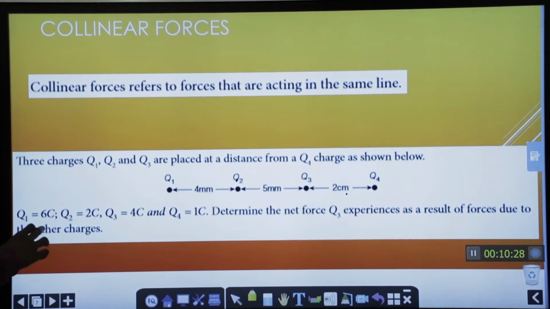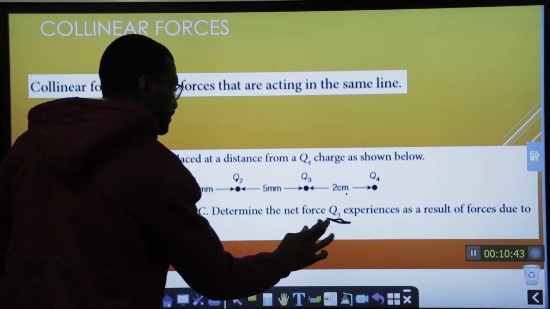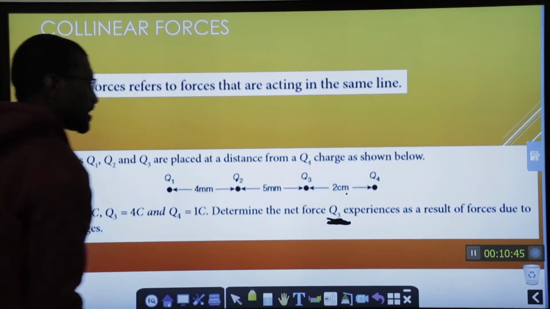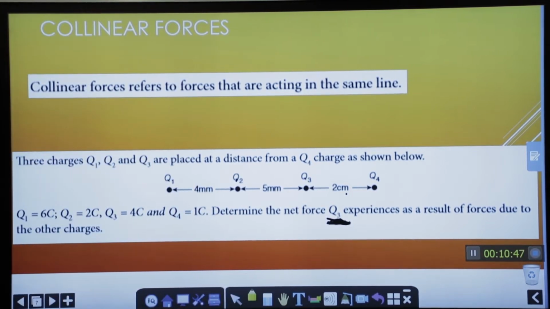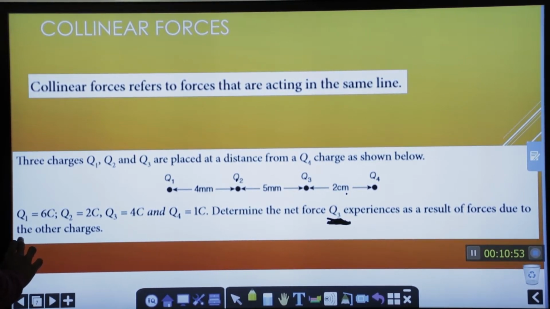Q1 is equal to 6 coulombs, Q2 is 2 coulombs, and Q3 4 coulombs, and Q4 is equal to 1 coulomb. Determine the net force experienced by Q3 as a result of the forces due to their charges.